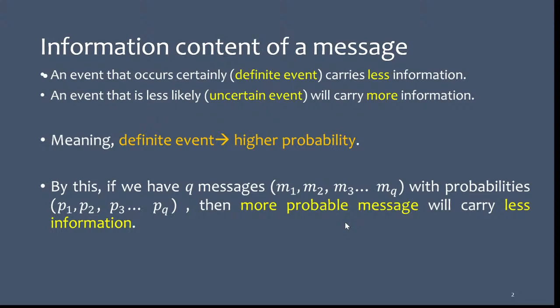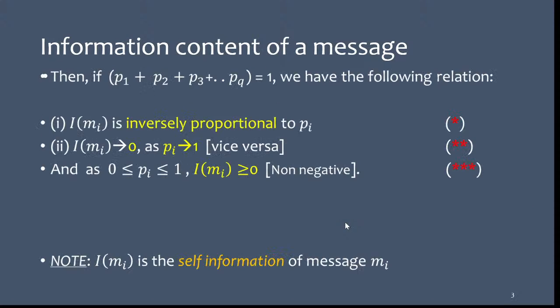Based on this, we will see some points, especially the information content of a message. Based on the probability of occurrence, how can we determine the information content of a message? We know that when different events occur with different probabilities such as P1, P2, P3, up to PQ, when we add all of them, we get a value of 1.